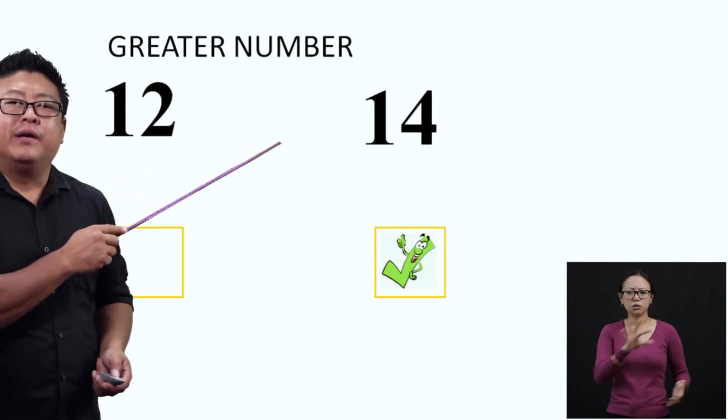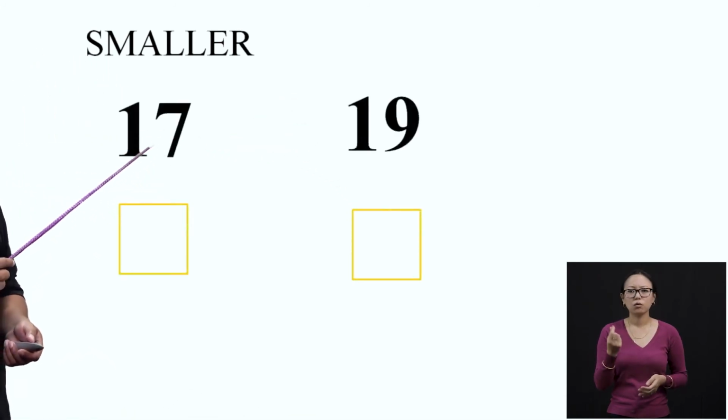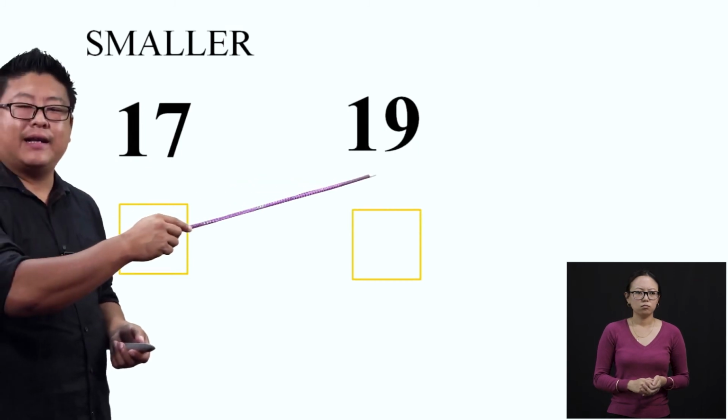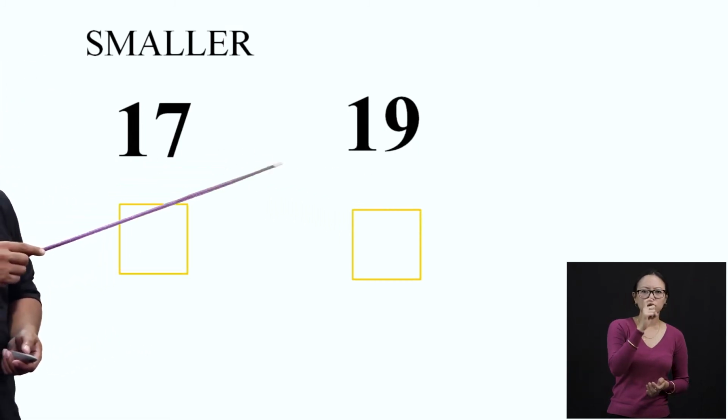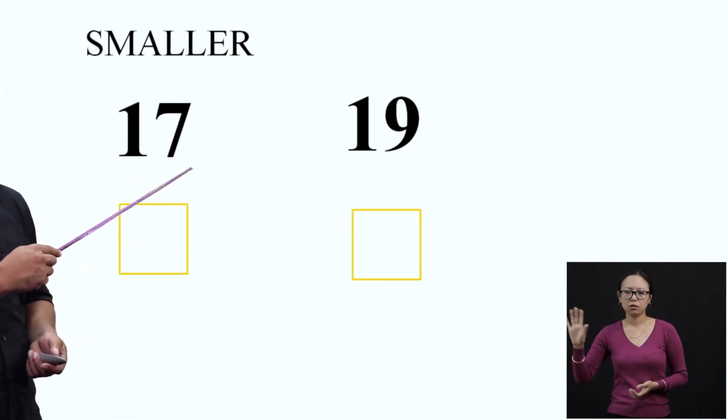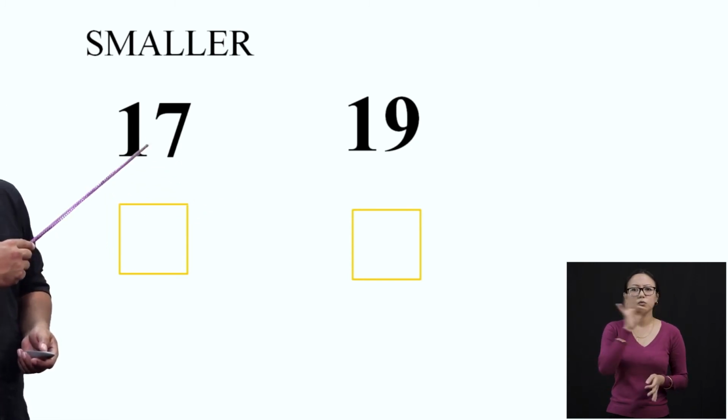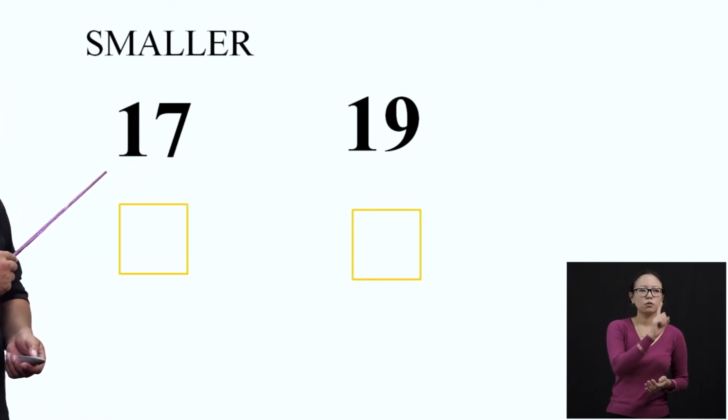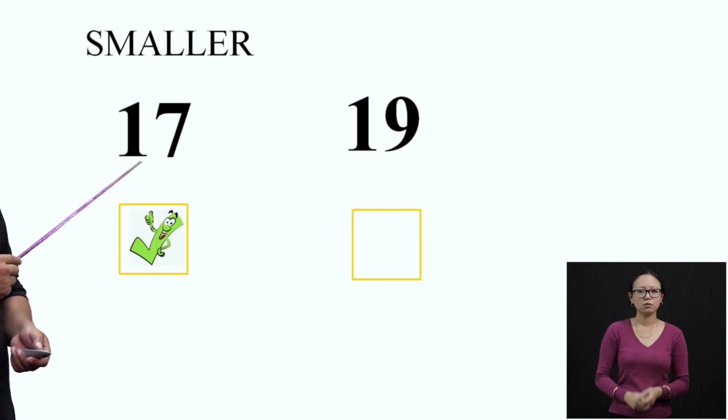All right. Now we will try to identify the smaller number. Here are two numbers given, 7 and 19. Which one do you think is bigger or greater? Sorry, which one is smaller? 7 is smaller, right? So we will mark this as the smaller one.